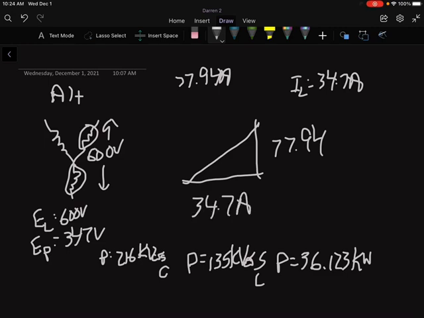Here is our resistive, so we want to look at what the hypotenuse is. So 77.94 times 77.94, and obviously we're doing a squared plus b squared is equal to c squared.